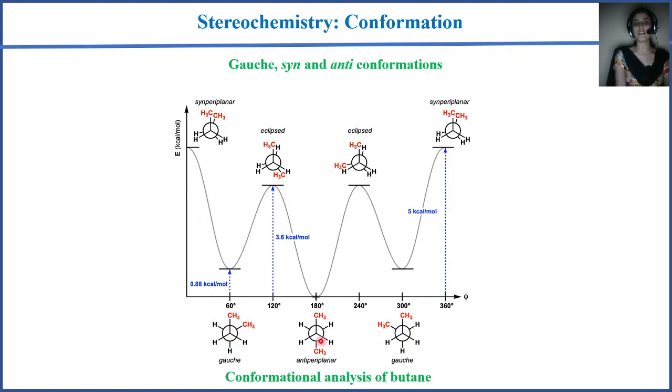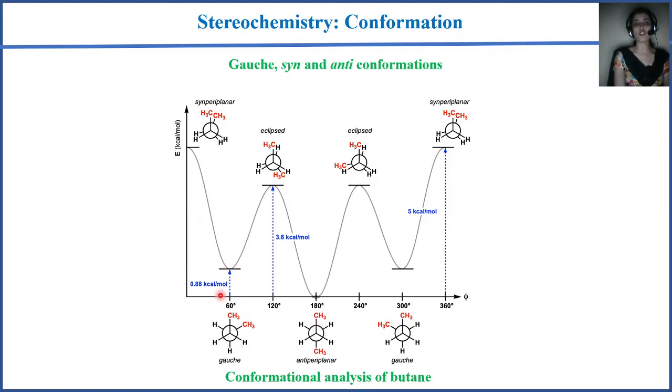So, these 3 are conformers, and there are differences in energy content between them, but they are staggered. They are staggered conformations. They are conformers, but they differ in energy, and the energy difference between these two, that is the gauche, this staggered conformation and this staggered conformation.